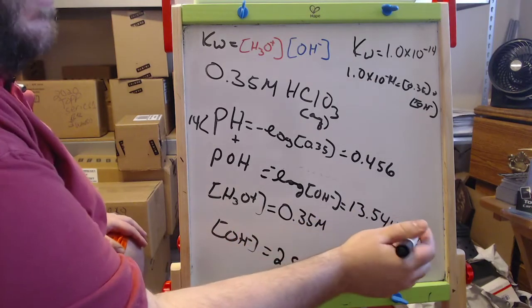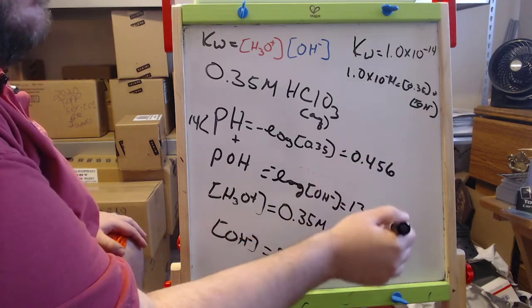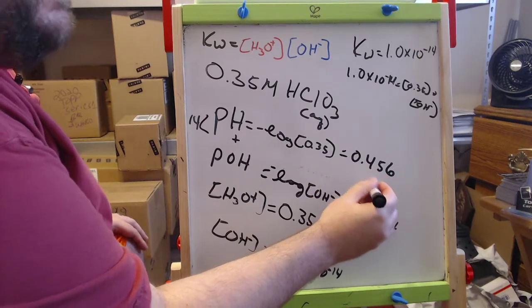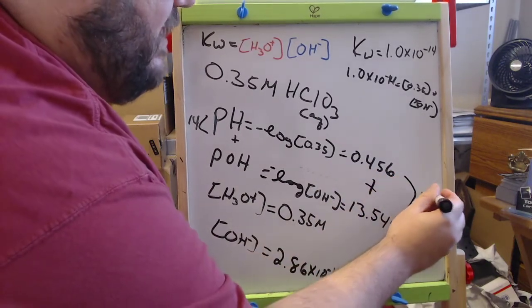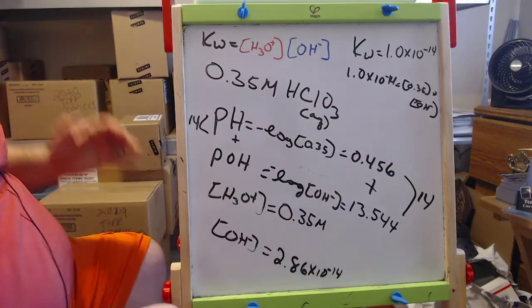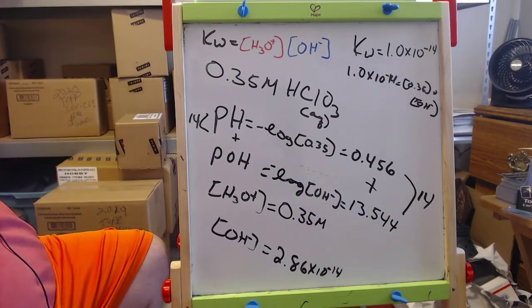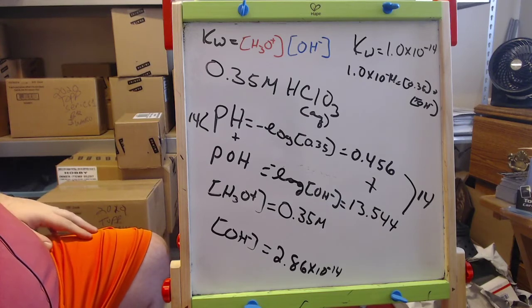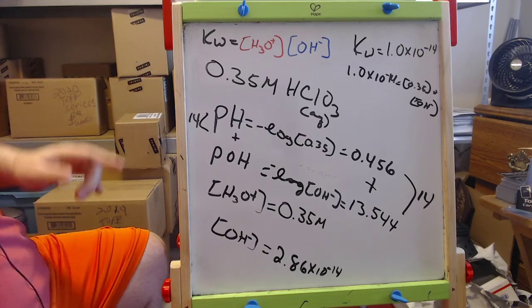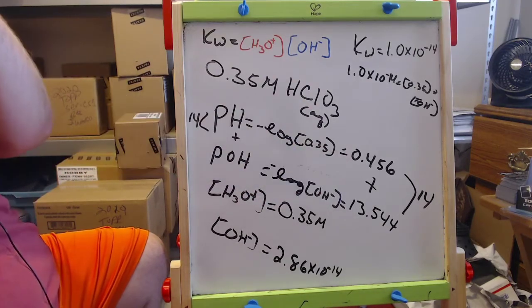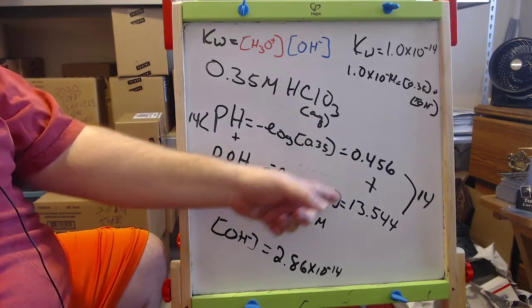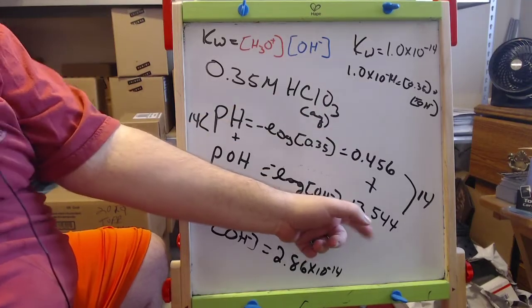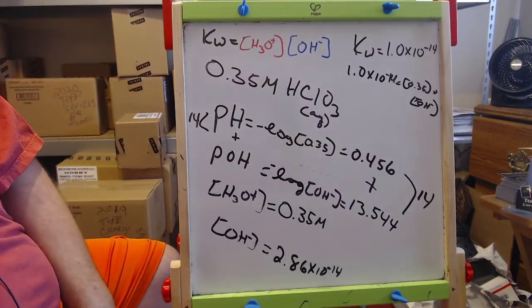And that's why I took it out another digit, so you could see that it does equal 14. If I add these together, they should equal 14. So if I know one, I know the other. Like, as soon as we found this, I didn't need to do the negative log of OH minus. I could have taken 14 minus this and still got the same answer.